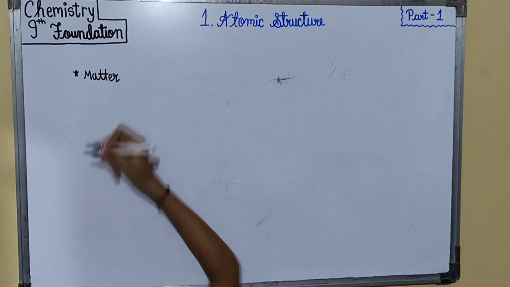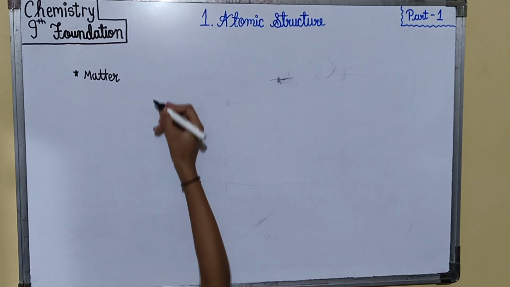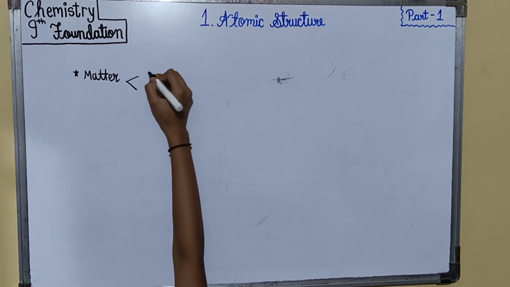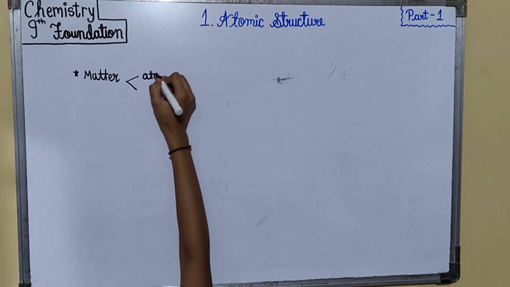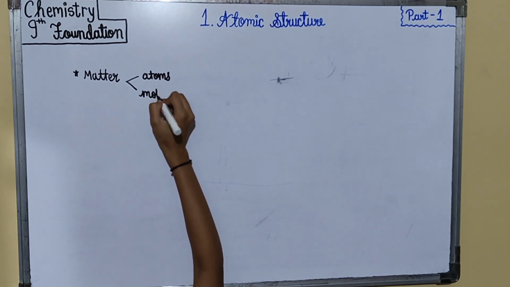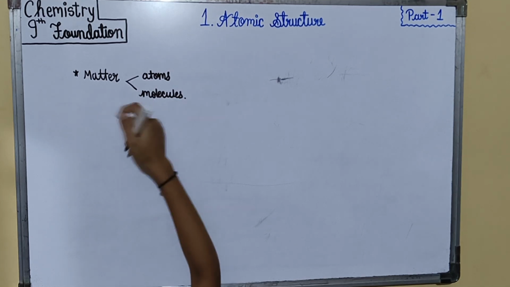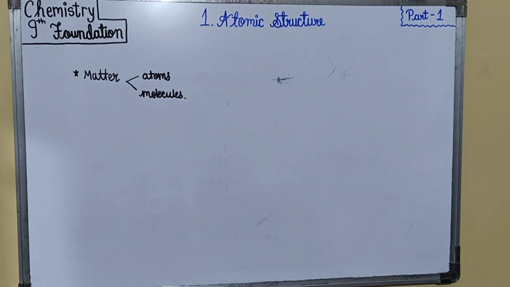Matter is made up of atoms and molecules, also called the building blocks of matter. Matter is something that occupies space and has mass, that is called matter.